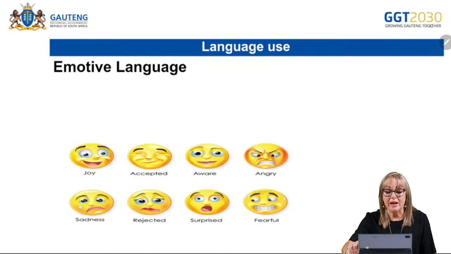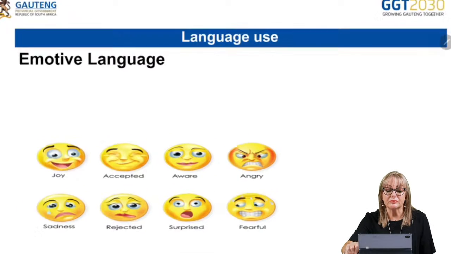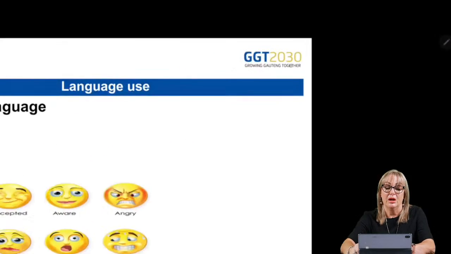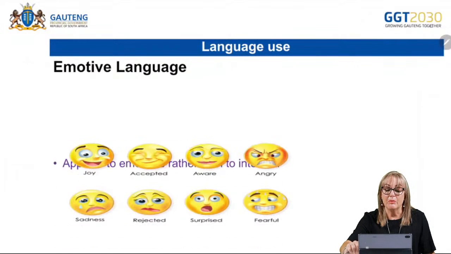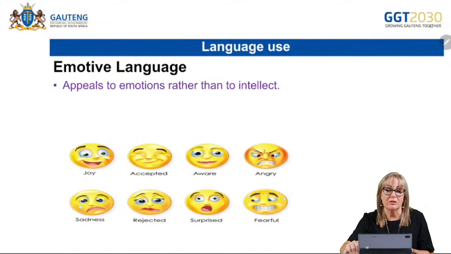But emotive language refers to the fact that you appeal to a person's emotion rather than to his intellect. And it's persuasive because remember, right at the start I said the purpose of an advertisement is to appeal to your emotions and to persuade.